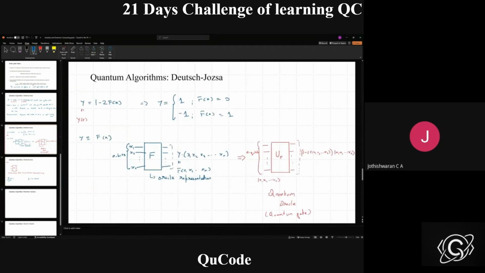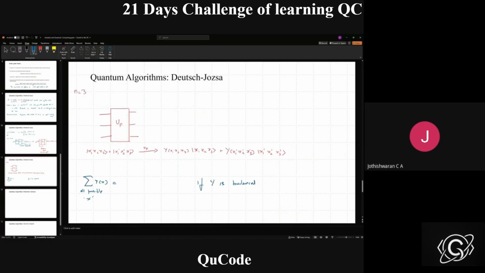Y is going to be +1 and -1 an equal number of times. So when I perform this summation, for every +1, I will have a -1. Therefore, this summation is going to be 0.